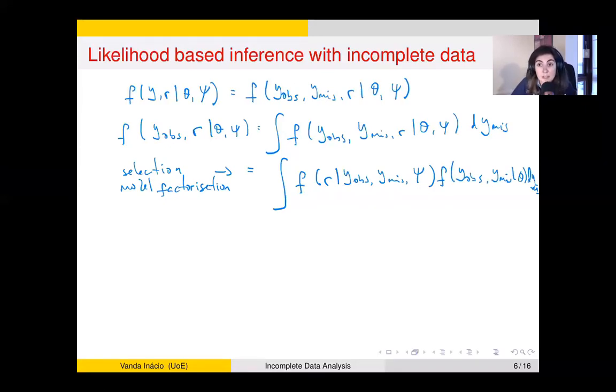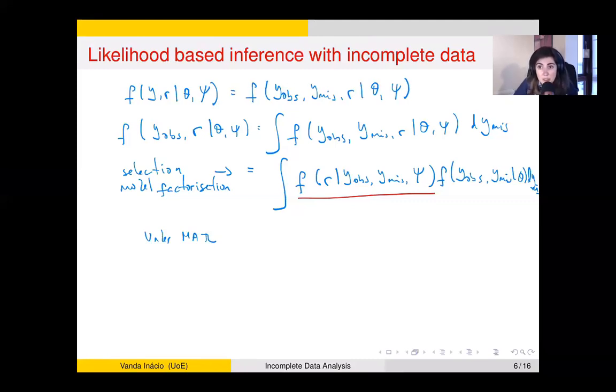Now let us make our first assumption. I need to do something because here, if I leave it like this, both quantities depend on the missing values, and so I have an expression that I cannot go much further with. So let's start making assumptions. Under missing at random, I know that the expression for the missing data mechanism simplifies, correct? It does not depend on the missing values.